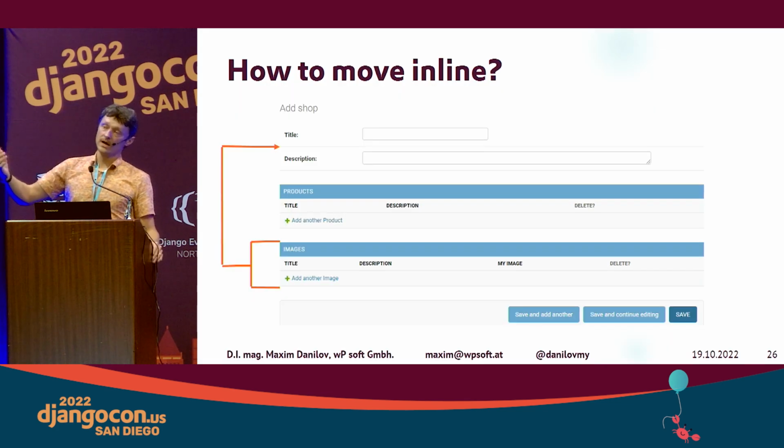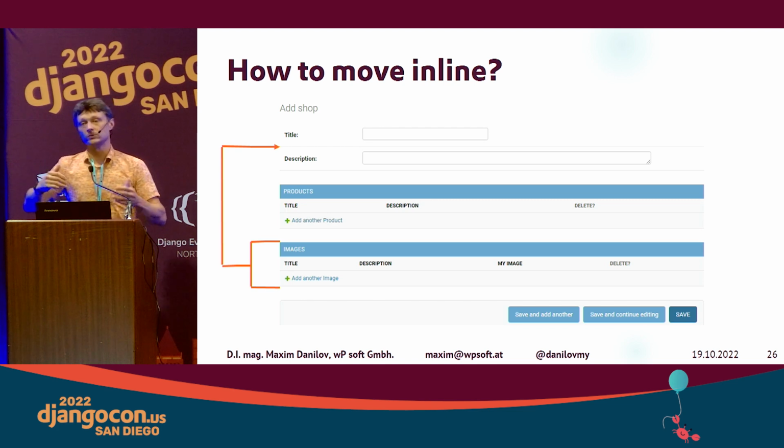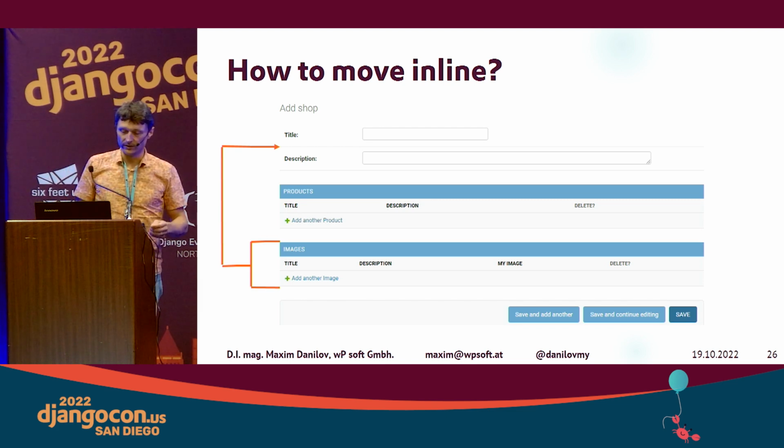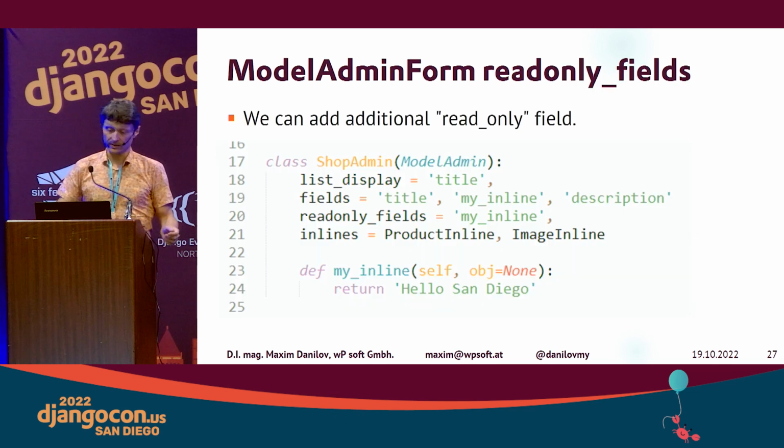What if we have a big model admin form with more than 100 fields? Okay, this is a usability problem, but we want to put one inline somewhere in this model admin form and not behind. How is it possible? Of course, it's possible. How?